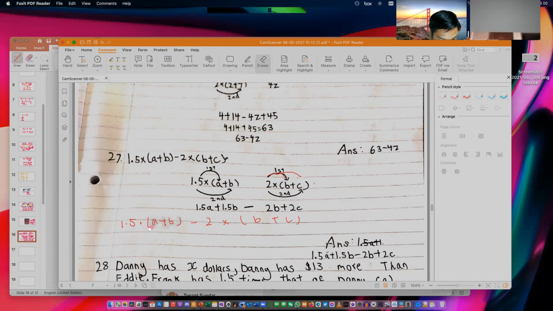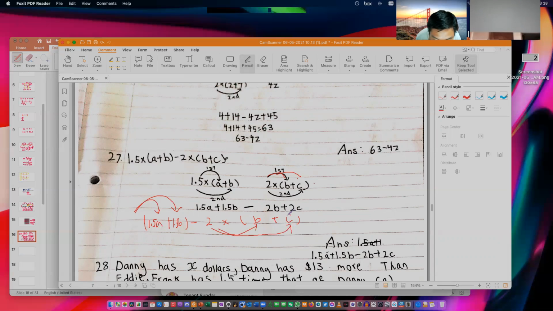Let me give myself some space here. I know that my 1.5 is going inside. So I am going to move my 1.5 to here, and to here. Once I move, nothing is left. Same thing, I'm going to move my 2 inside.